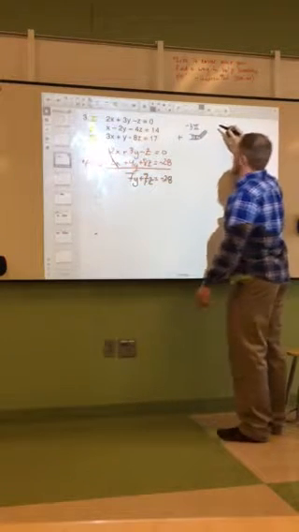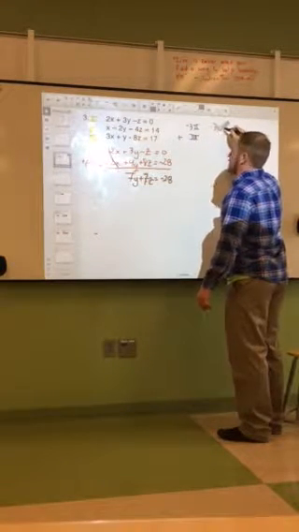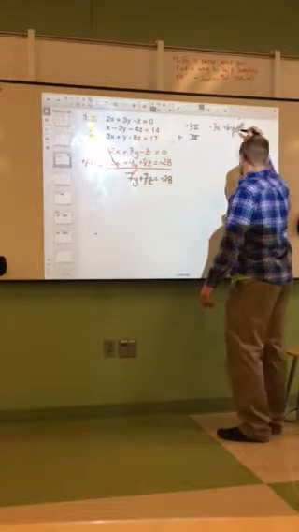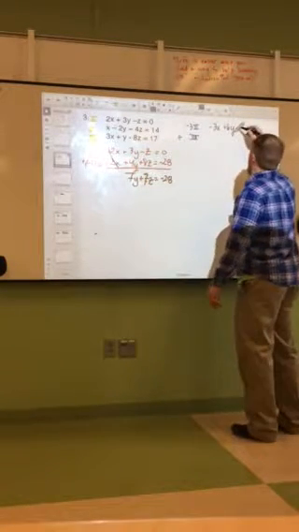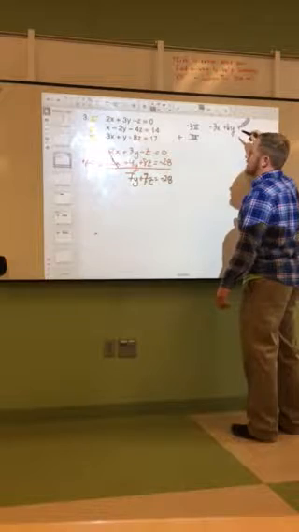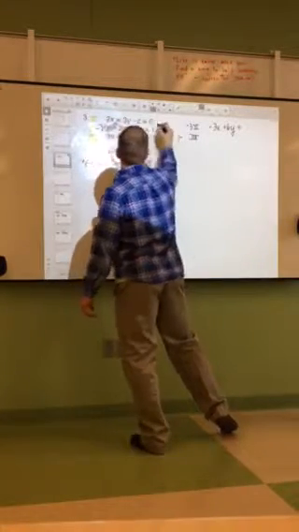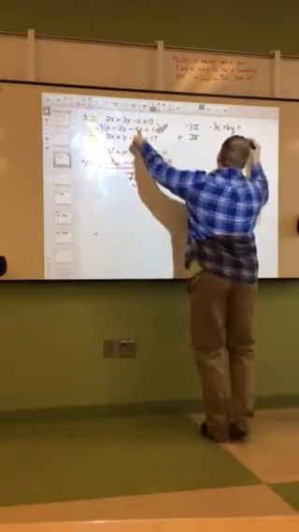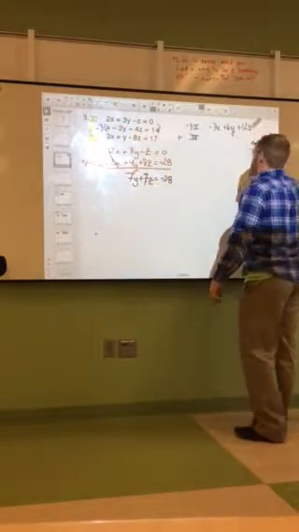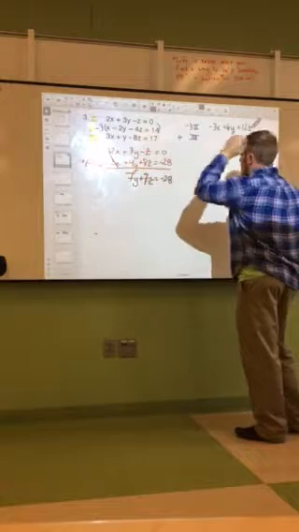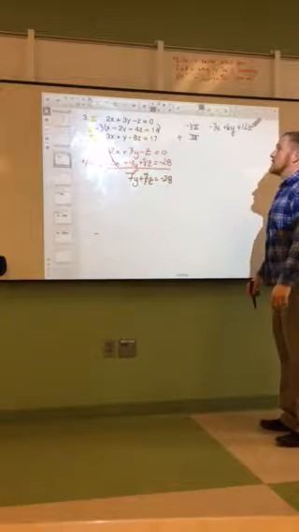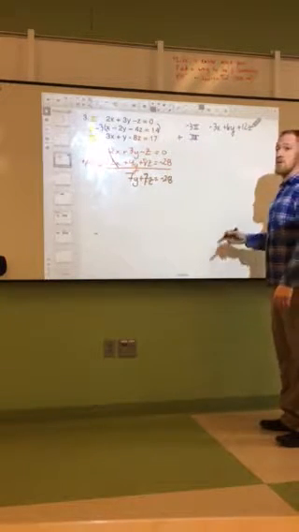So that's going to be negative 3x, positive 6y, negative 3 times negative 4 is a positive 12z, and then negative 3 times 14 is, what is that, 42? Negative 42.